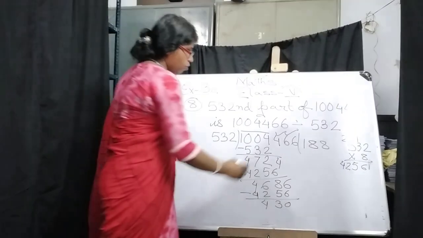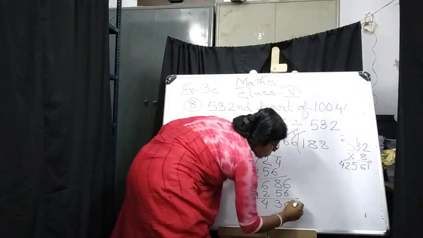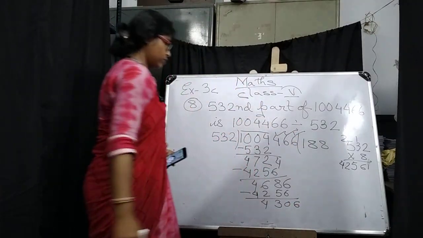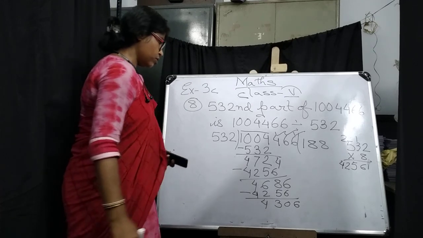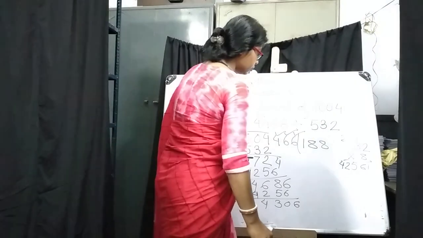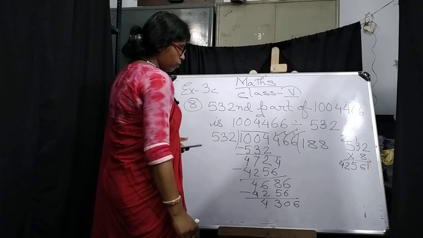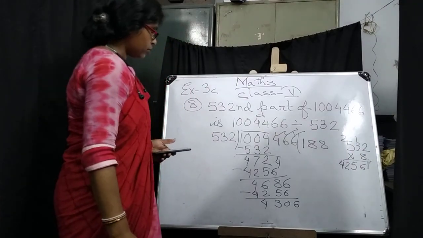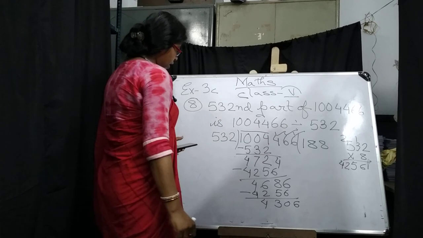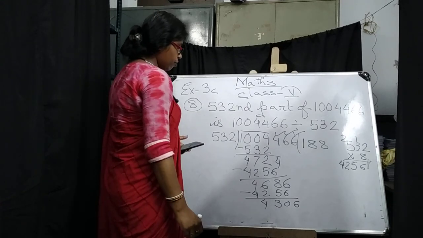So next, what will come down? 6. So now we have to divide it again.